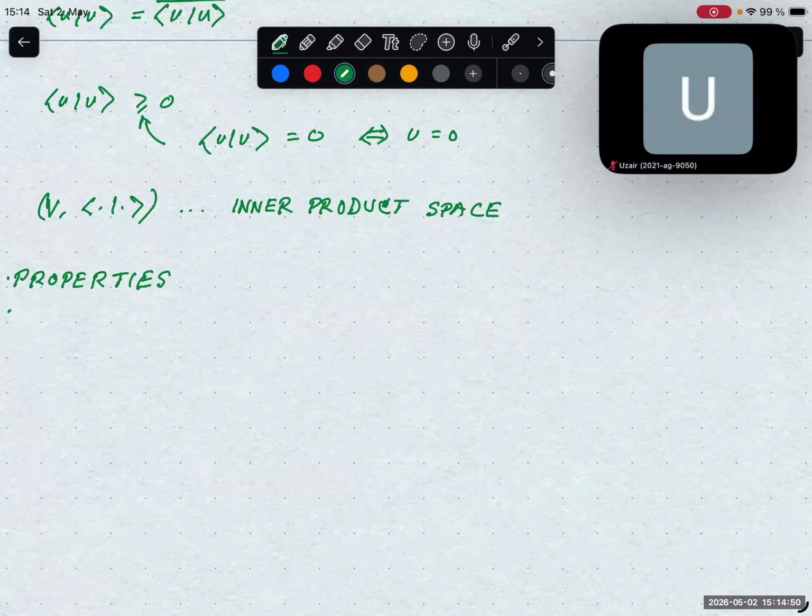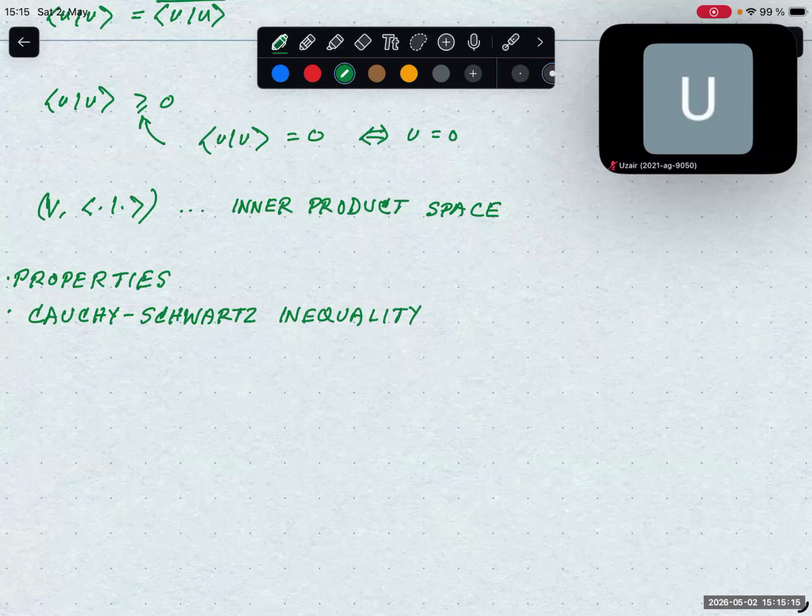So perhaps one of the most interesting and useful properties is the so-called Cauchy-Schwarz inequality. What does it say?